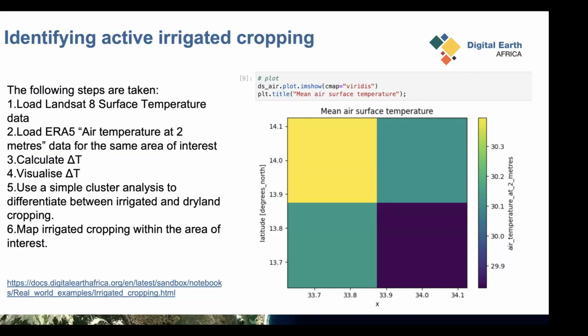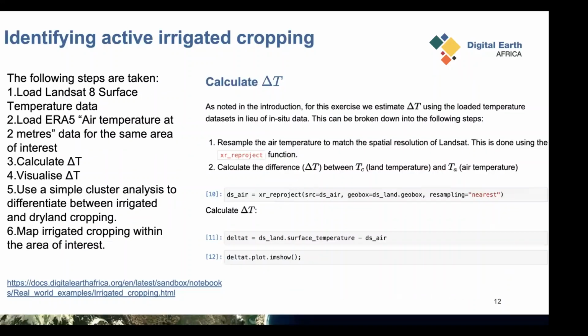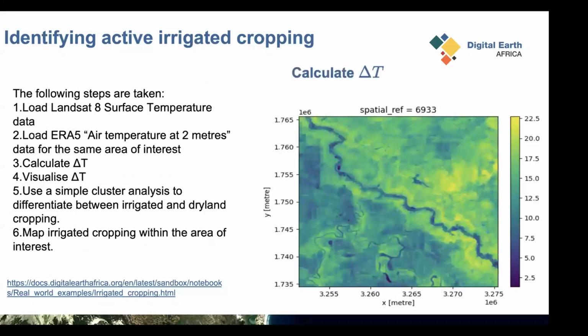As you can see, our area of interest is quite a hot area and a dry area. So calculating the change of the temperature, we'll get the difference between the land temperature and the air temperature from ERA5 based on this workflow methodology. And this gives us a simple result as shown in the next page, where now we're able to calculate the areas we've seen.